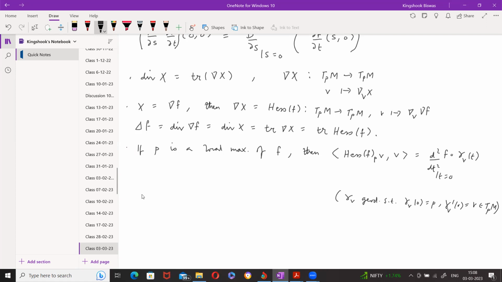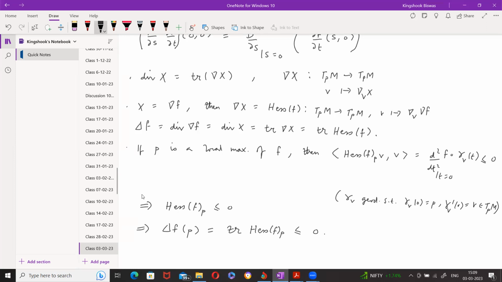This second derivative is less than or equal to 0 because f has a local maximum. So that means the Hessian is less than or equal to 0. This we already saw at a local maximum. And that implies that the Laplacian of f at p, which is equal to the trace of the Hessian of f at p, is less than or equal to 0.